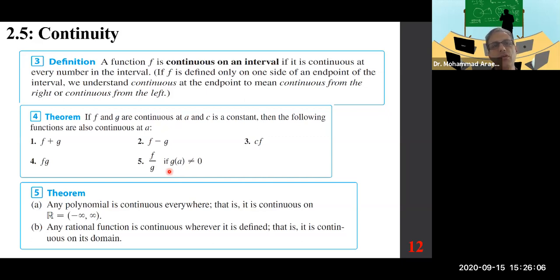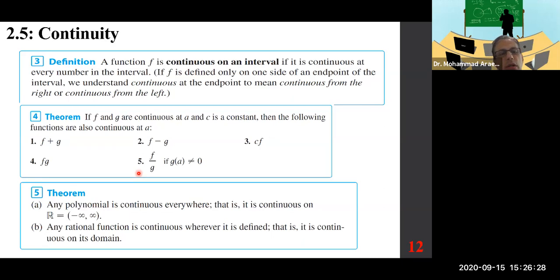F is continuous, G is continuous, then F plus G, F times G. In fact, F of G, G of F, all of them are continuous within their domain. So be careful with the domain. A simple example. When we look at F over G, we always make sure G is not 0. So that's something that you got to pay attention to.